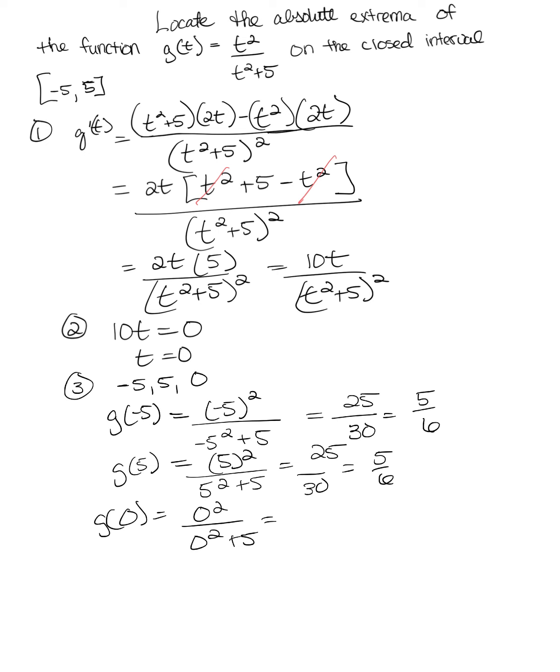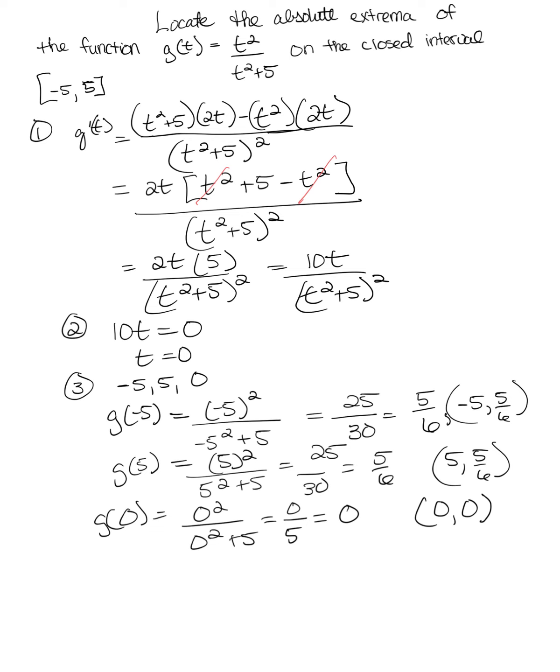Well, as long as you have 0 divided by a constant, it's valid, and so therefore it's just going to equal 0. So that means you have a point at negative 5, 5/6. You also have a point at 5, 5/6, and at 0, 0.